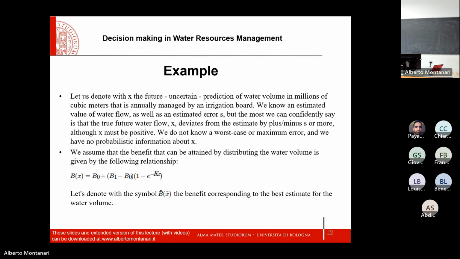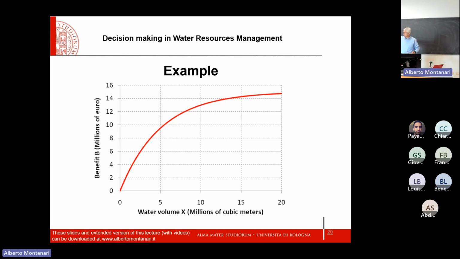Good. Now, we assume that the benefit, so our performance, is given by this equation. It's very simple. Let me show you the behavior of this equation. So this is the benefit, and this is X. Suppose that it's millions of cubic meters, and this is the benefit, millions of euros.